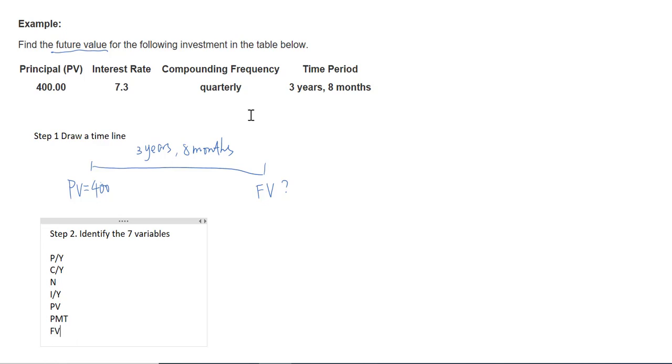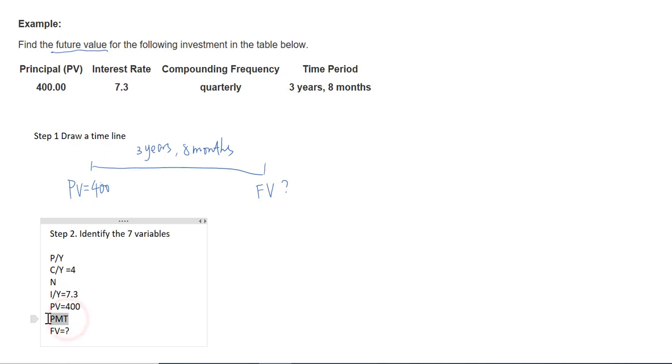We know the compounding frequency is quarterly. Therefore, CY is 4. So that means compound 4 times each year. We also know interest rate is 7.3. So IY is 7.3. PV is $400. And the future value is unknown.